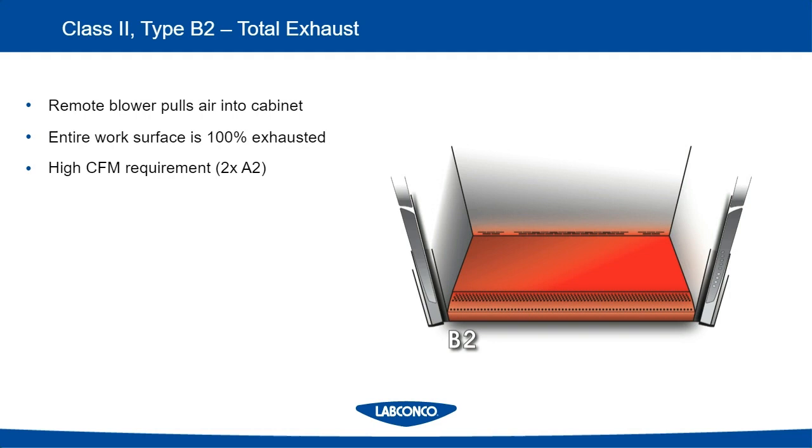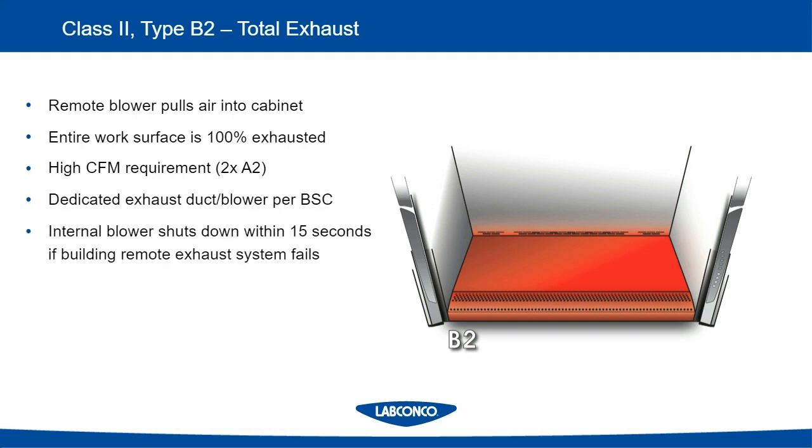And what CFM stands for is cubic feet per minute of air. So that's how much air is being pulled through the cabinet and exhausted. These cabinets also require a dedicated exhaust duct and exhaust blower for each BSC. Similar to the B1, the internal blower will shut down within 15 seconds if the remote exhaust system fails.